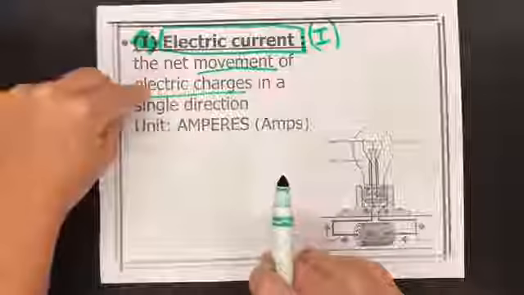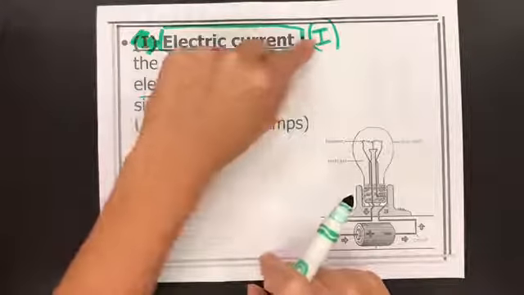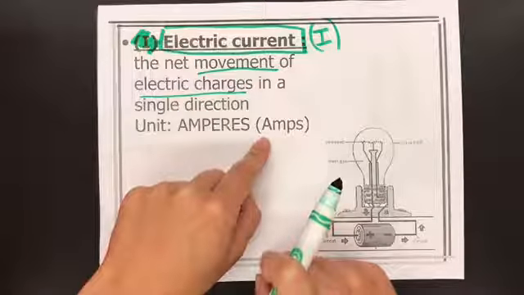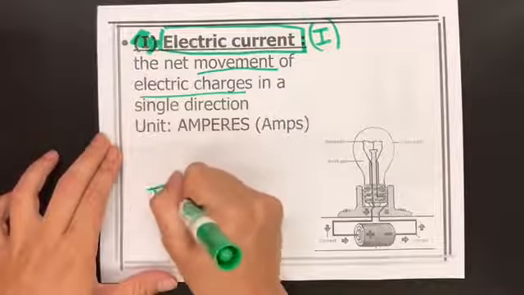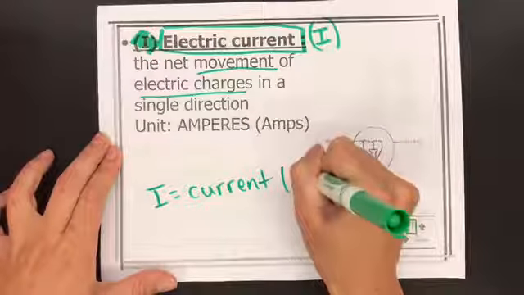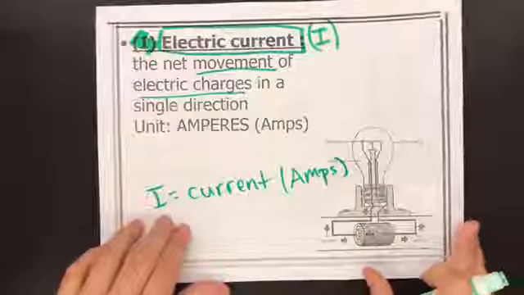Its units are amps. So another way you could write that: I is current and its units are in amps. Definition is the movement of the electric charges.